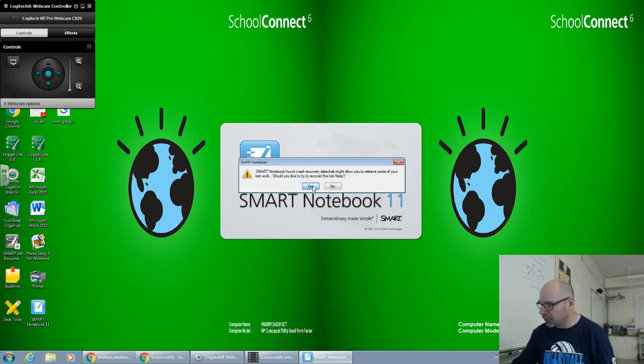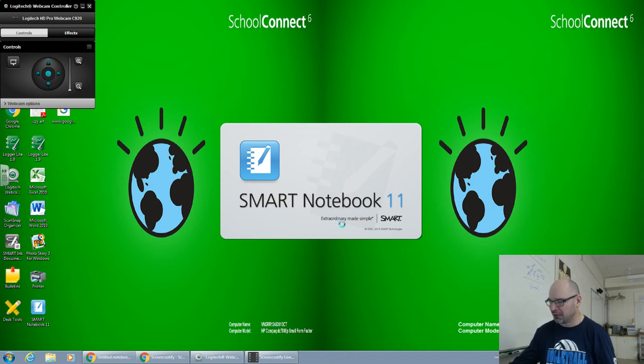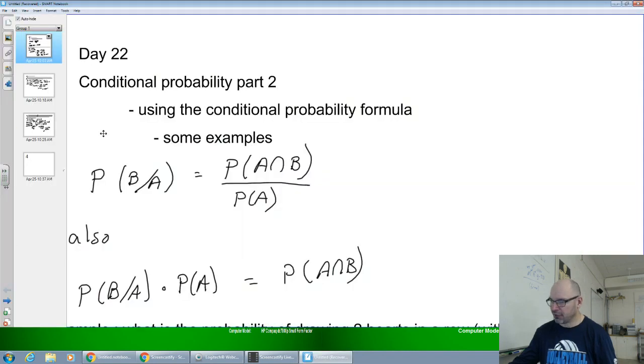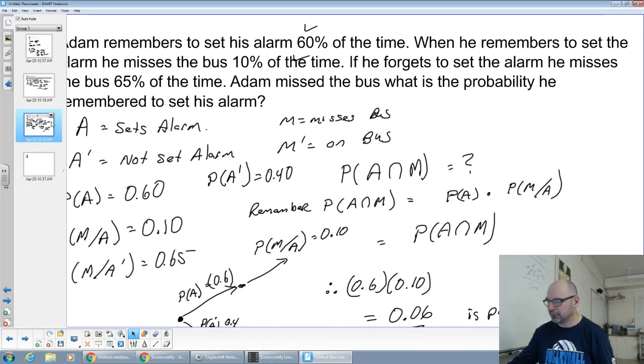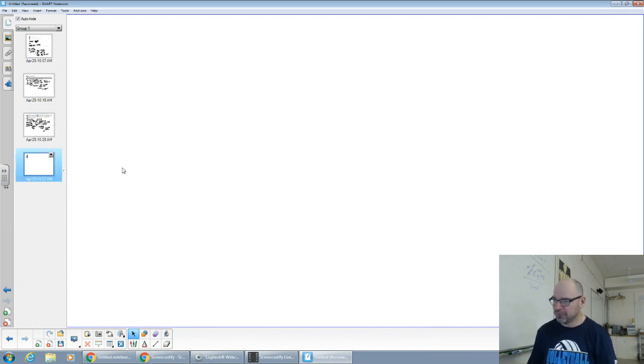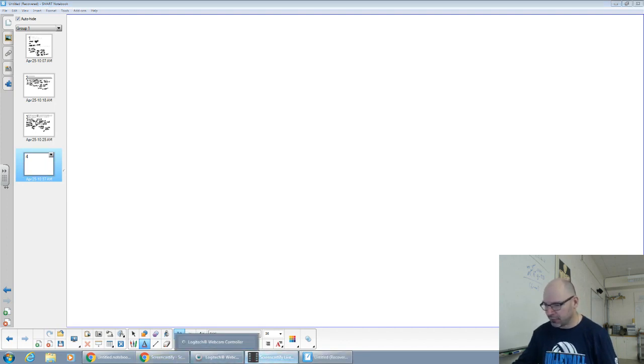It'll recover up to, but not that last page I was doing, probably. Sorry, guys. We didn't get the basketball question, so hopefully you had the notes on it. We were doing B. I'm just going to pause the video here and rewrite everything down that I had, or try to, and then I'll restart the video from where we were.